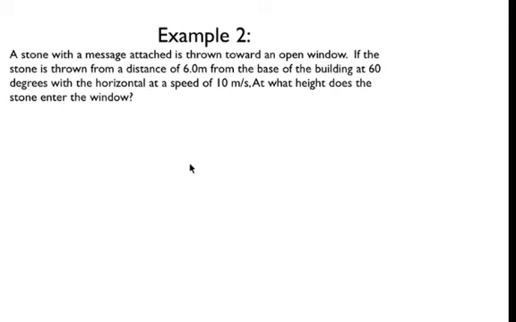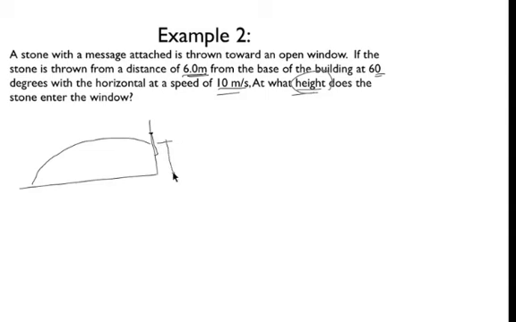So let's walk through what we have. Here we have a stone with a message attached thrown toward an open window. If the stone is thrown at a distance of 6 meters from the base of the building, at 60 degrees with the horizontal, at a speed of 10 meters per second, we want to know at what height the stone enters the window. So here we have some sort of a projectile, and here's our building, and in here we have some open window.